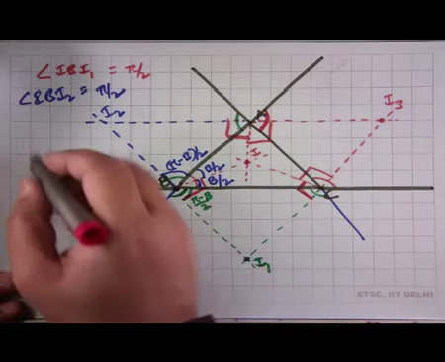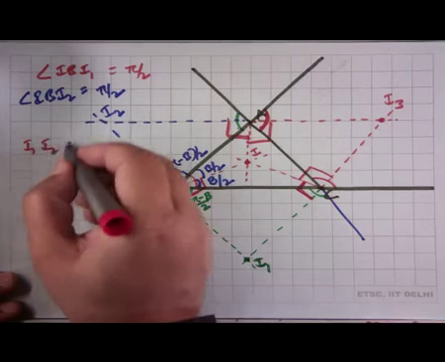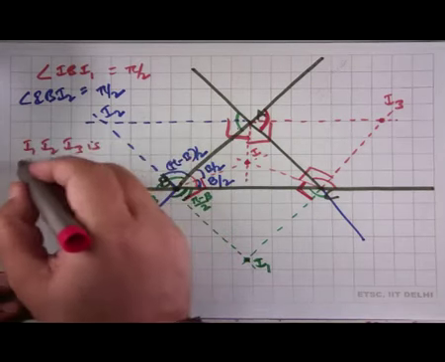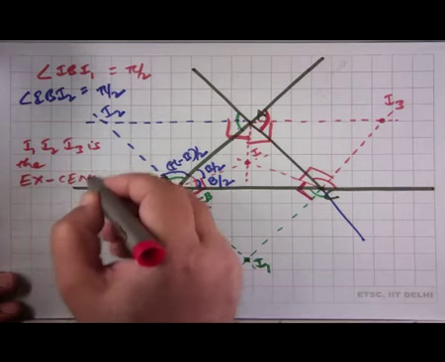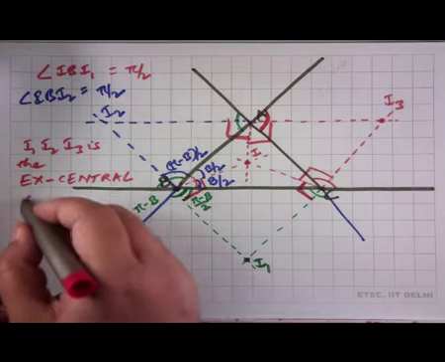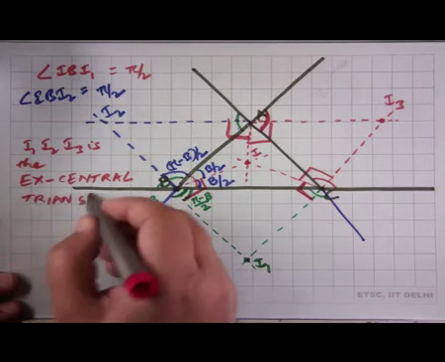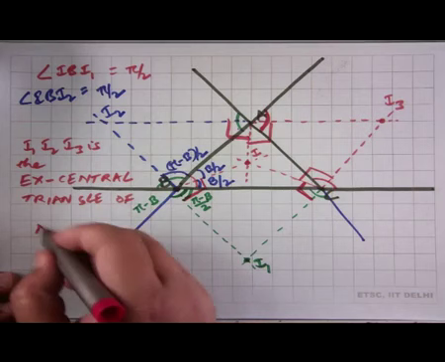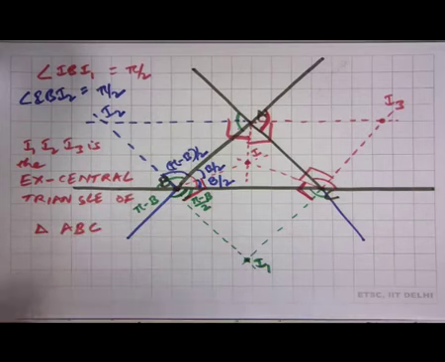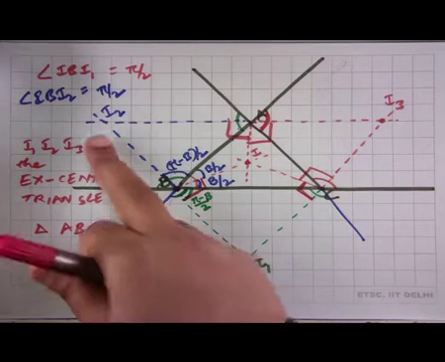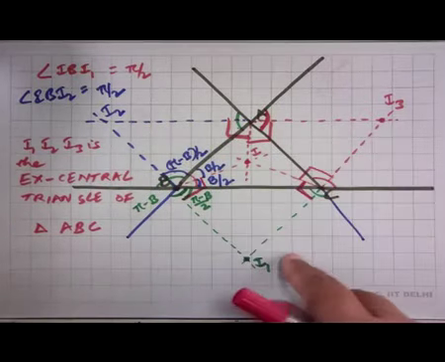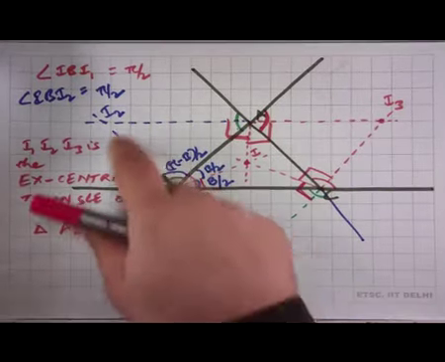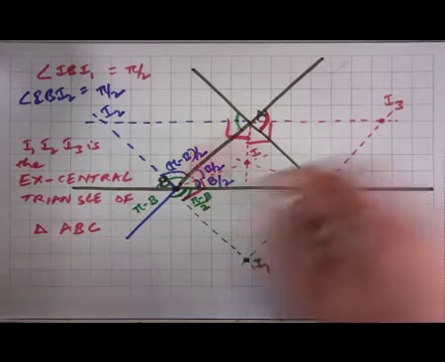So, I 1 I 2 I 3 is the excentral triangle of triangle ABC. So, our interest now will be to find the lengths of the sides of this excentral triangle, and also the measures of the three angles of this excentral triangle.